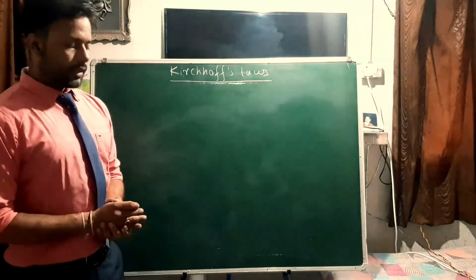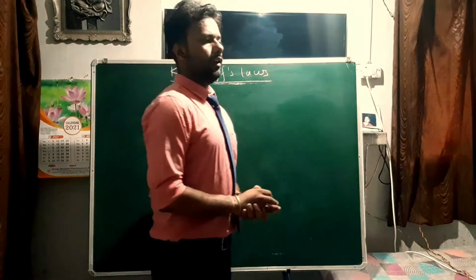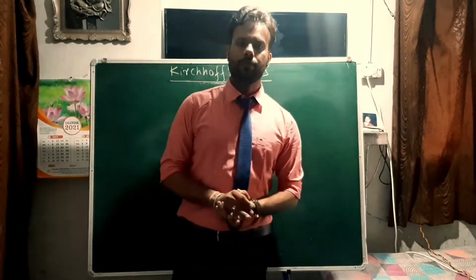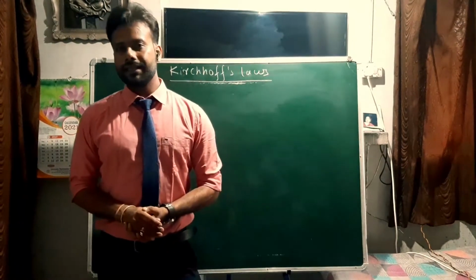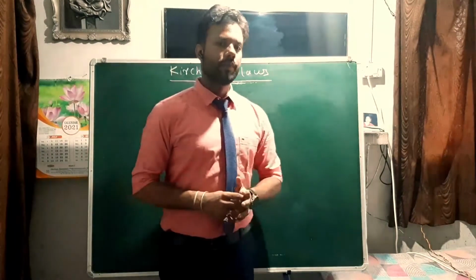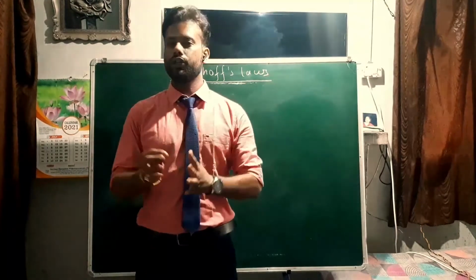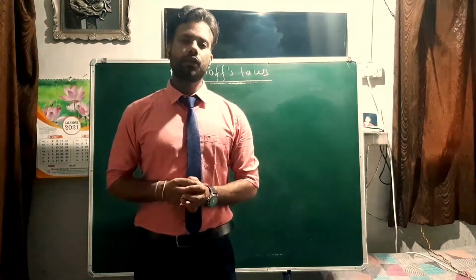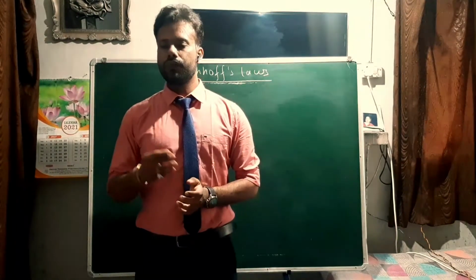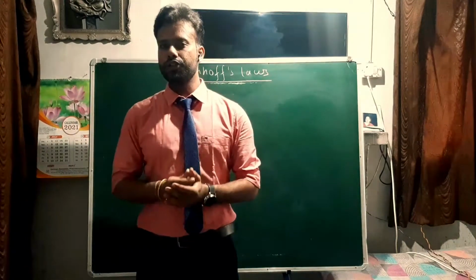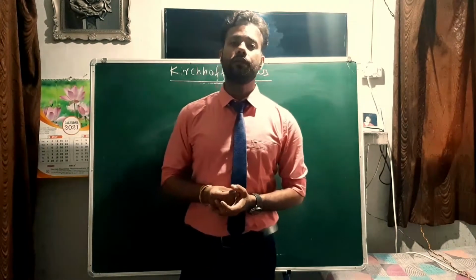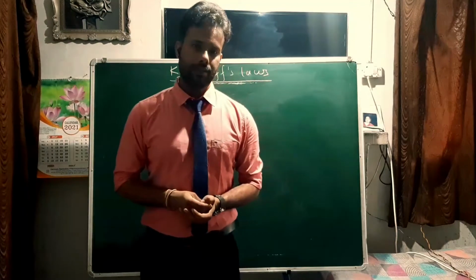So let's start with the Kirchhoff laws. We have two Kirchhoff laws. First known as KCL, that is Kirchhoff current law, and the second is KVL, that is known as Kirchhoff voltage law. These laws are very important to find the current in any branch or to find the potential difference across any resistance.